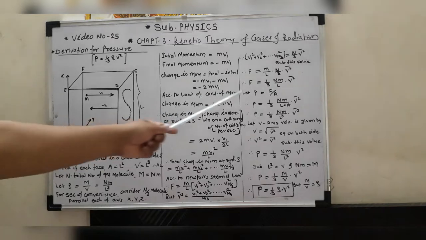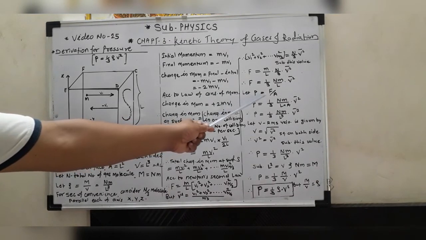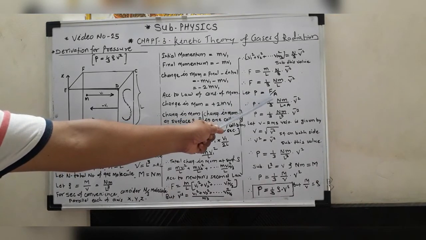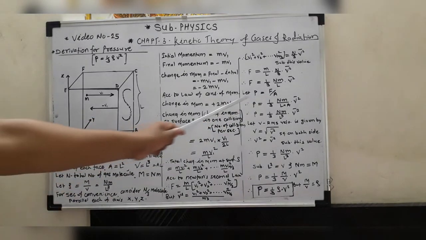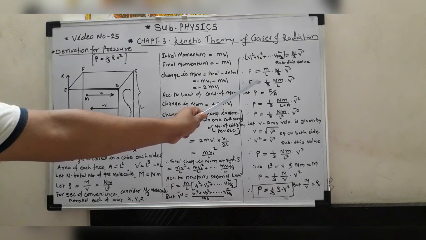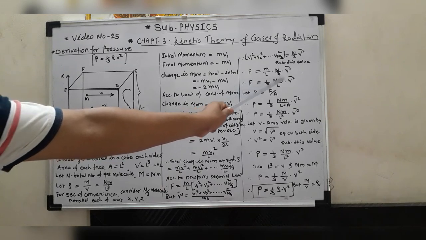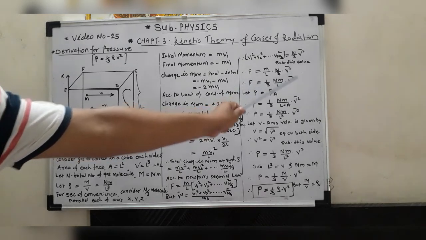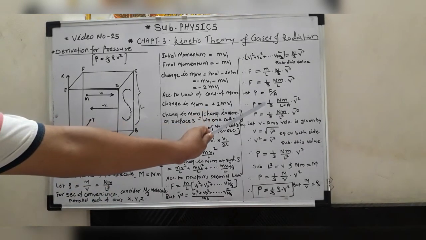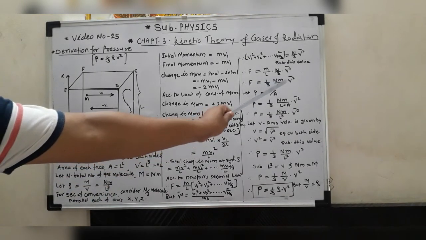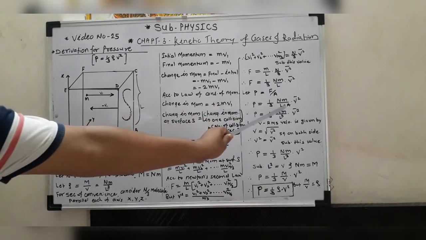By definition of the pressure we can write here P is nothing but force per unit area. Therefore P is equal to F upon A. Substituting instead of F, F is equal to 1/3 nm upon L into v square bar. Therefore P is equal to 1/3 as it is, nm upon L into v square bar, divided by A.